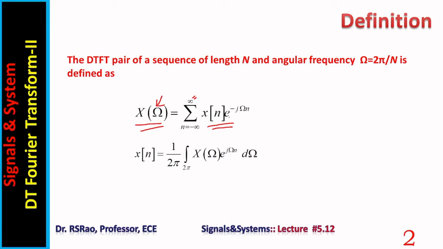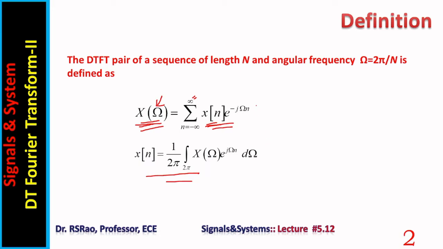Here notice x of n is in discrete time domain, whereas X of omega is in continuous frequency domain. Inverse transform gives x of n from X of omega. x of n is equal to 1 by 2 pi, integral over 2 pi, X of omega e power j omega n d omega.